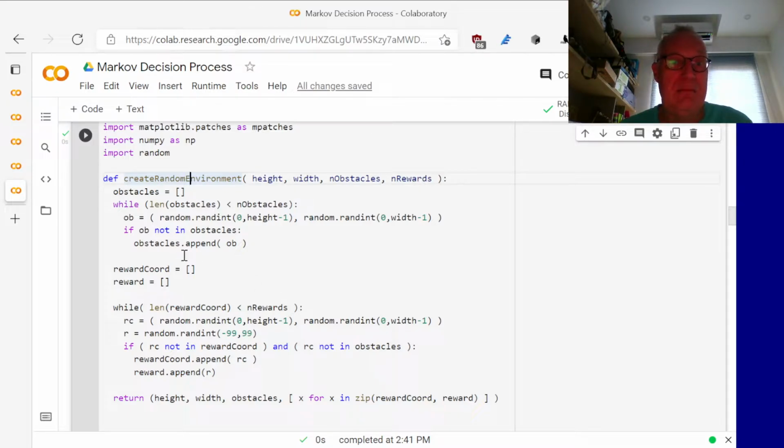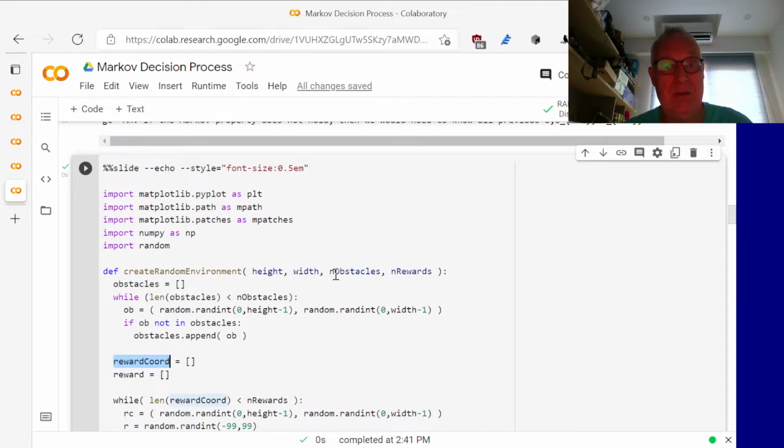But yeah, here I just generate a random environment where first we generate a set of obstacles and then we generate a set of rewards, and coordinates where that reward will be given. So the environment has height and width, that many obstacles and that many rewards that I want to distribute throughout the environment.